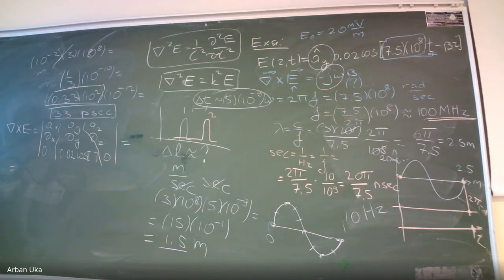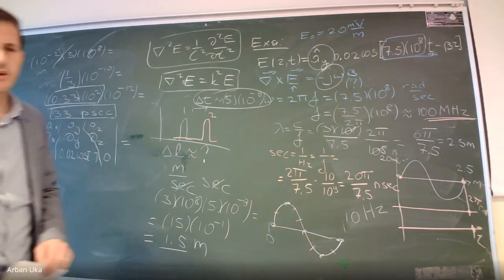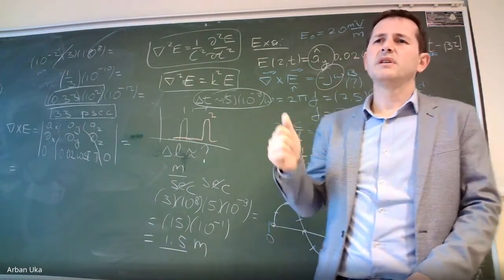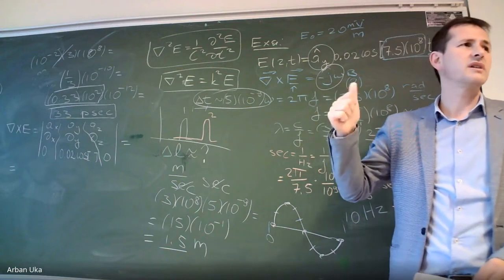But k is not always pointing along an orthogonal axis. The k might be pointing along x and y, which means the B will also be along x and y.